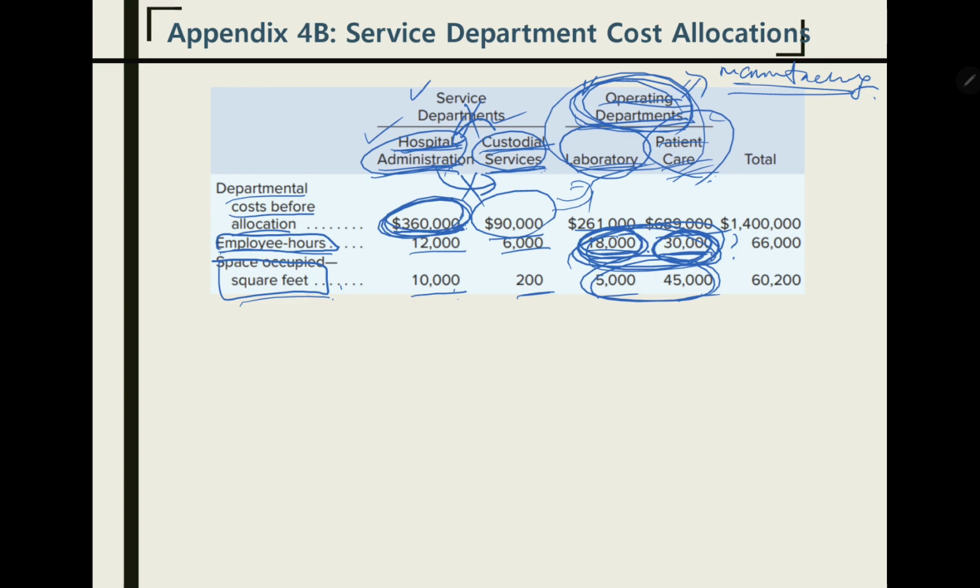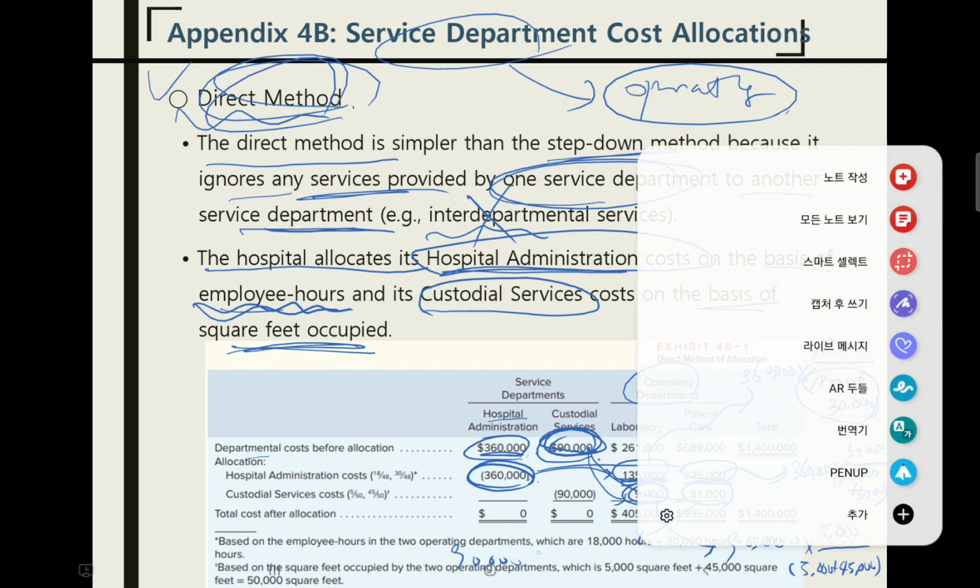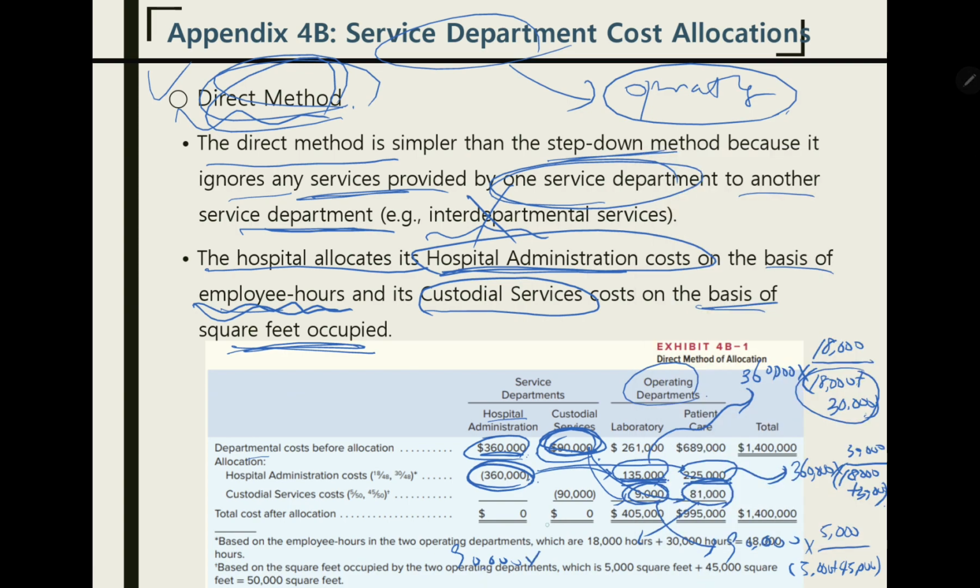Here, 5,000 divided by 5,000 plus 45,000. Okay. And this is 90,000 times 45,000 divided by 5,000 plus 45,000. Okay.